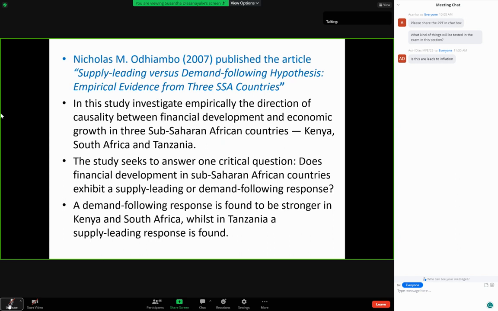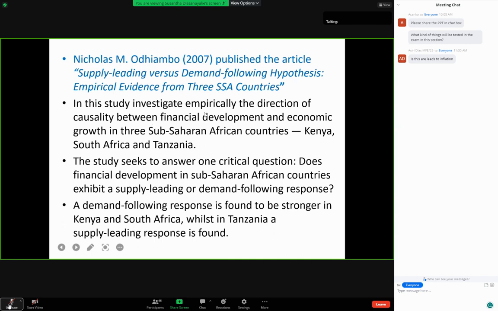Fine, the first article that they have used is Nicholas. According to his piece of work, supply leading versus demand following hypothesis and empirical evidence from sub-Saharan African countries. They have used 3 sub-Saharan African countries.